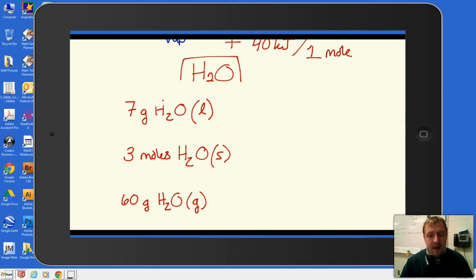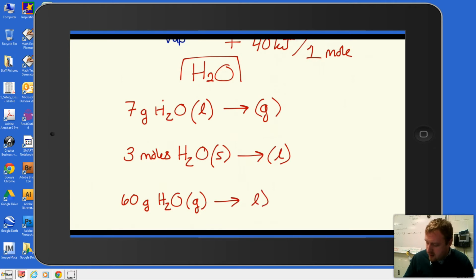Okay, now I want you to convert this 7 grams of H2O from liquid water to water vapor, or to the gas. And 3 moles H2O solid, I want it converted into liquid water. And the gas, I want converted into a liquid as well.